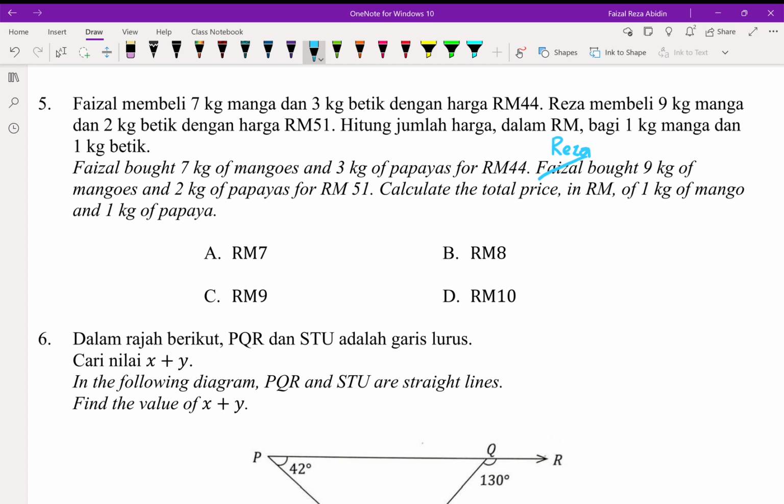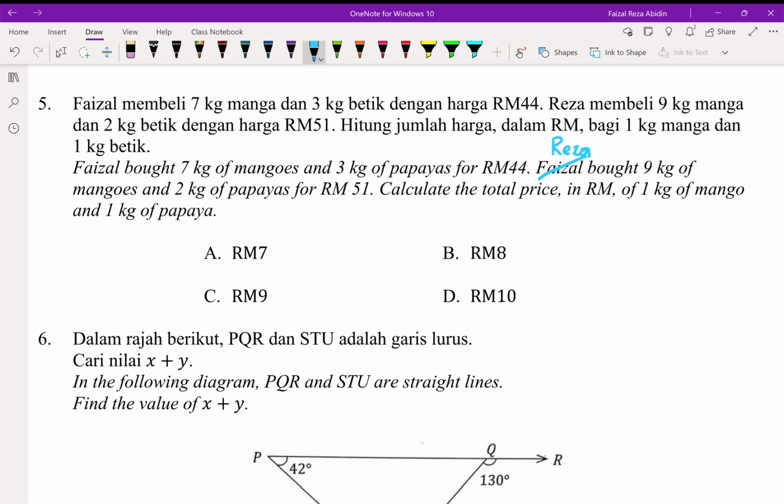LCM. Ask your friend lah. Anyone got an idea? Who got right this one? Macam mana awak buat? Wow, so lucky.